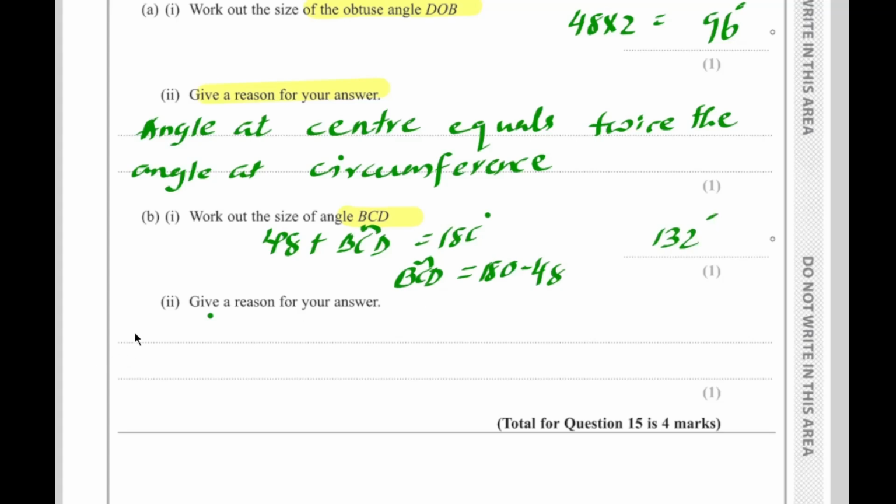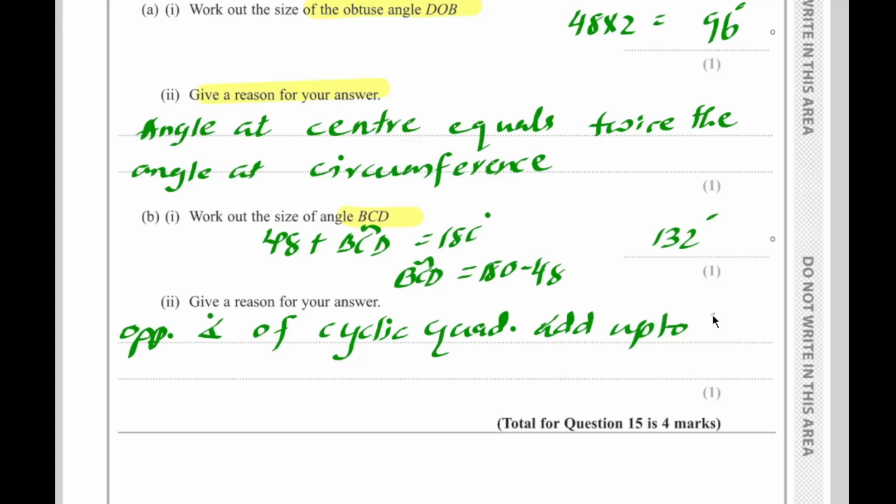The reason: opposite angles of cyclic quadrilateral add up to 180 degrees. That's the reason.